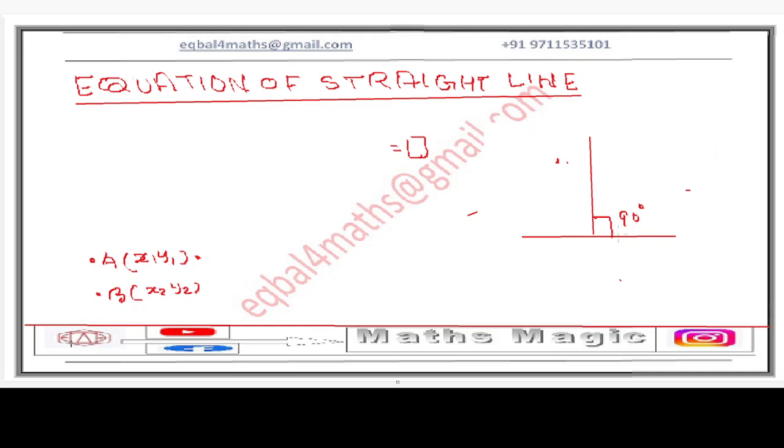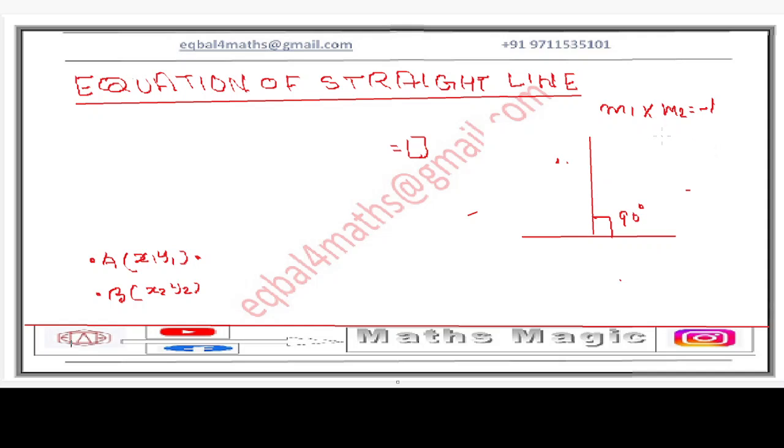Now what is the relation between the slopes or gradients of perpendicular lines? If you know the gradients of both perpendicular lines and you multiply them, it will give you -1.